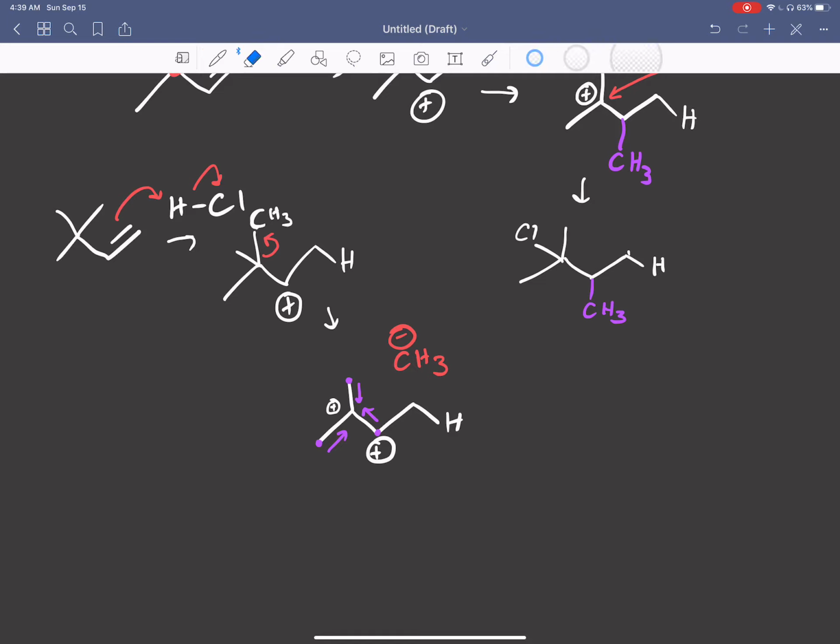Whereas the carbon on the right, if we look at it, is going to have that carbon group and that carbon group donate density. So it also is somewhat stabilized, just not enough. But again, it's going to be more positive, and so therefore our CH3 minus comes in and attacks at that carbon.